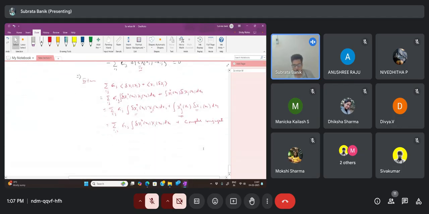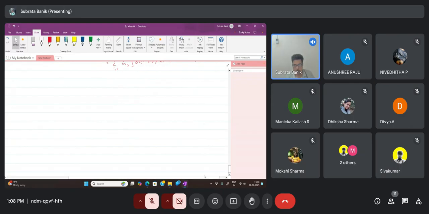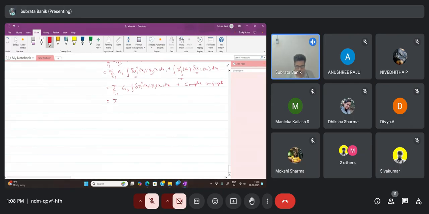So the last term is going to give us the final expression equal to sum over ij epsilon ij chi i, right? That's all you get.